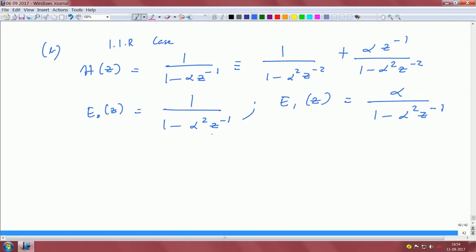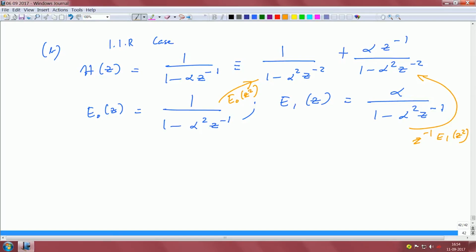Right, these are two sub filters in the same form. Basically, if I wanted to go back from here, I could get to this step with E naught z square, and from this I could go to this step via z power minus 1 E1 z square. Right. We looked at both the cases for the FIR as well as for the IIR case.